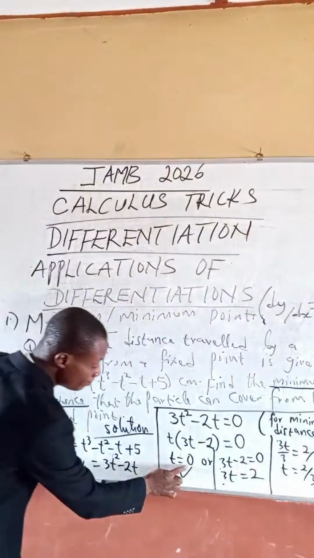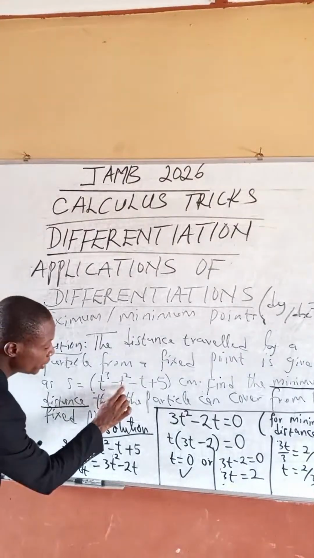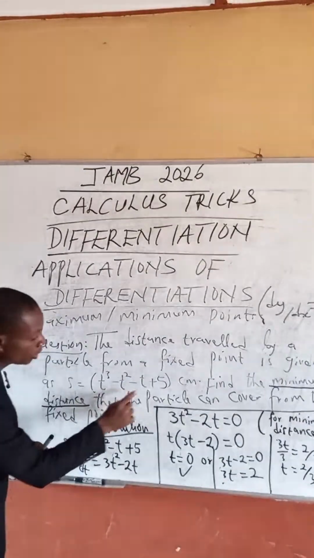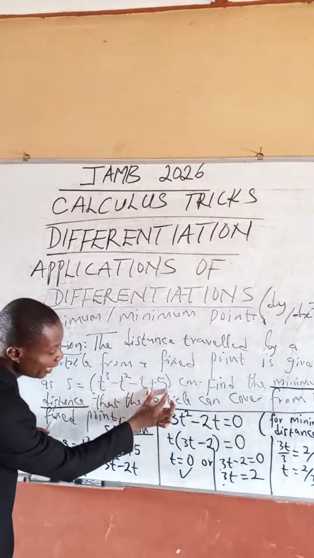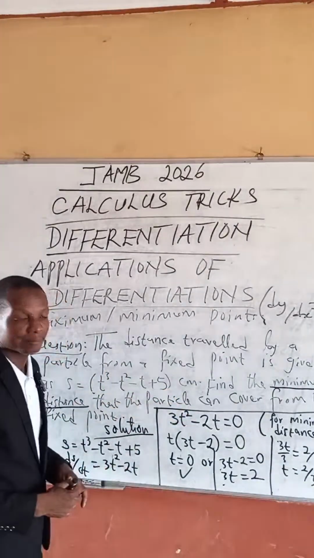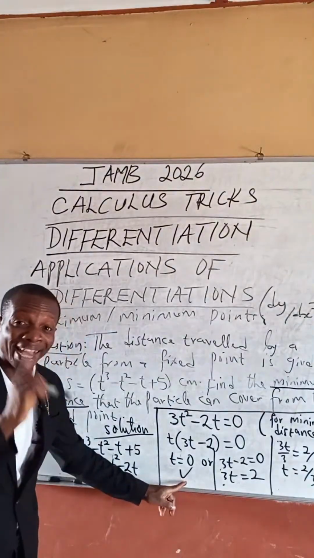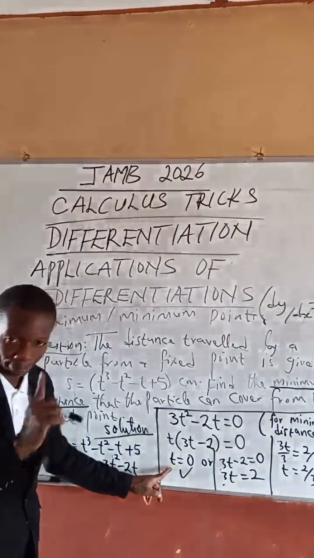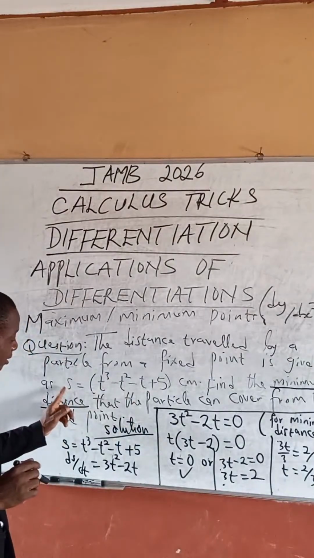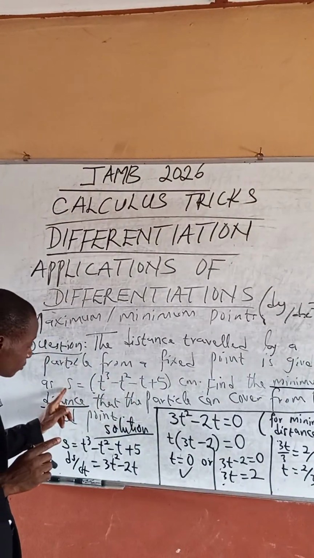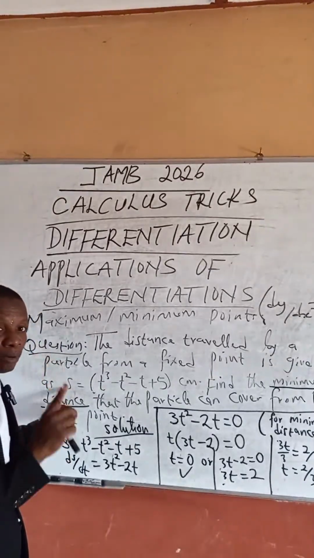When you put this 0 here, you will get 0 raised to power 3. When you put the 0 here, you get 0 raised to power 2. When you put 0 here, you get 0. So everything here becomes 0. Then we are left only with 5 centimeters. So this one is not the answer, but when you use this time and substitute the time here, the s becomes this particular quantity s, which is distance, becomes minimum distance.